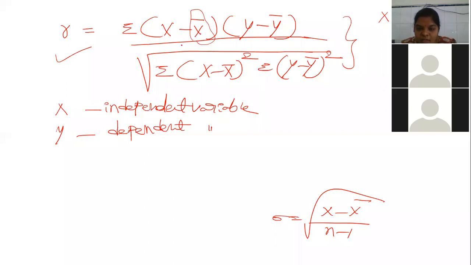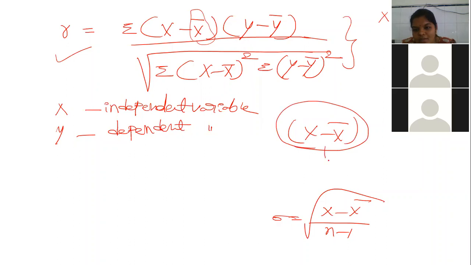One more important thing, x minus x bar means what? I think you already know that. x minus x bar is dx, small d. We are finding out deviations: individual observations minus arithmetic mean.